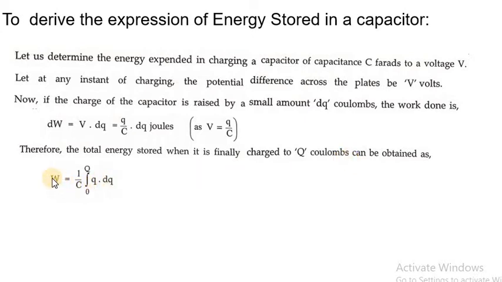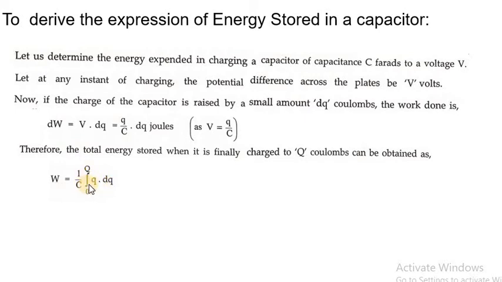The total work done W is the integral of Q by C into dQ, with limits from 0 to capital Q, because the charge is transferred to the capacitor plates from 0 to the final value Q. So we add all these up by integration.